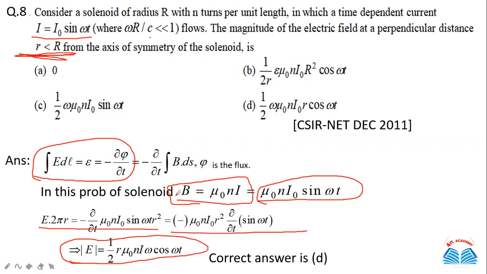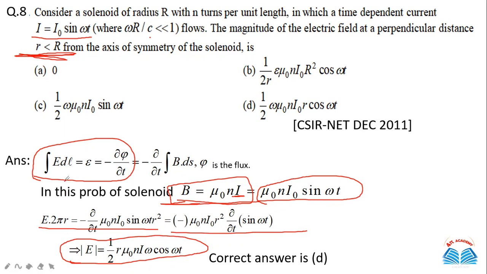For a solenoid, at any point there is a magnetic field B equals mu naught n I. Put the value of I from your question, I naught sin omega t, so B is mu naught n I naught sin omega t. You will get minus del over del t of the integral of mu naught n I naught sin omega t ds.